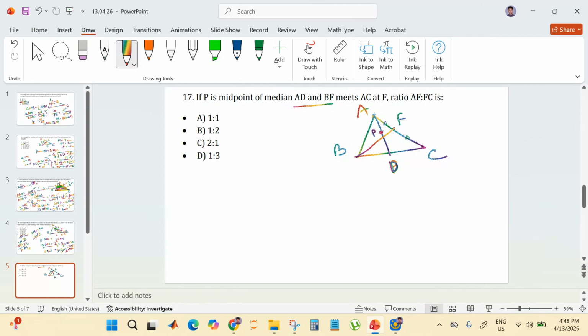If BF meets AC at F, it should be 1:1. But this question has some trick, I think.